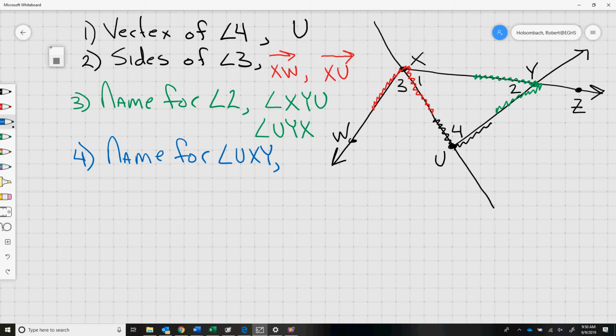What's another name for that blue angle there? Yes. Angle 1. Very good. Angle 1. And one more name for it. Yes. Angle YXU. Very good. YXU. Alright, so you guys kind of get the idea? Naming angles.